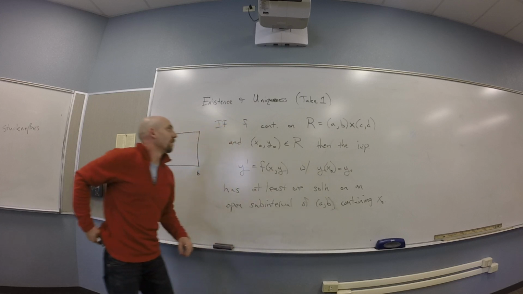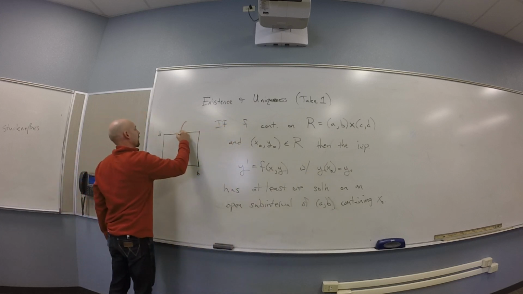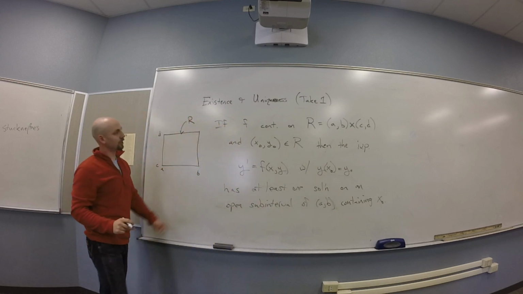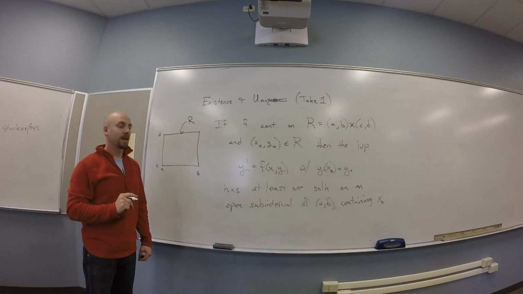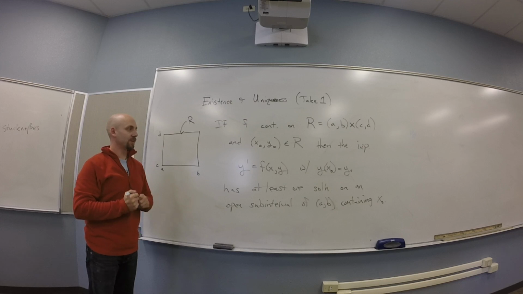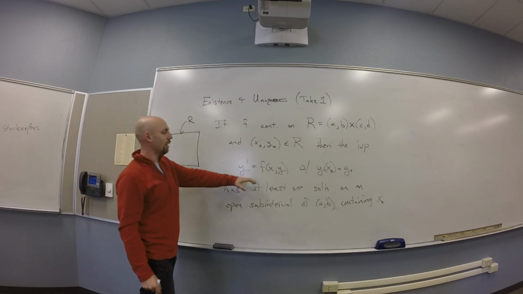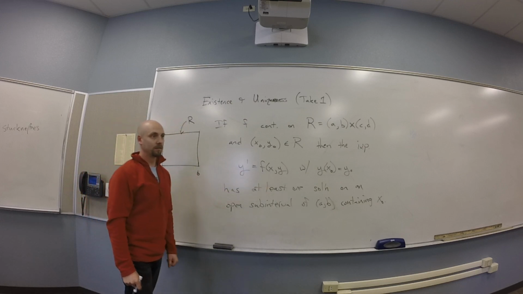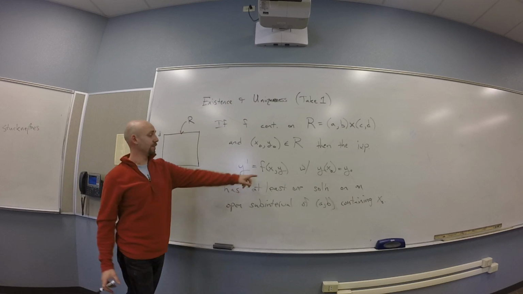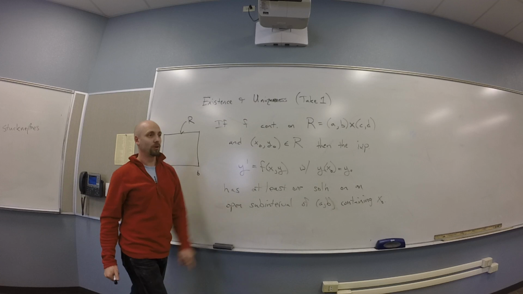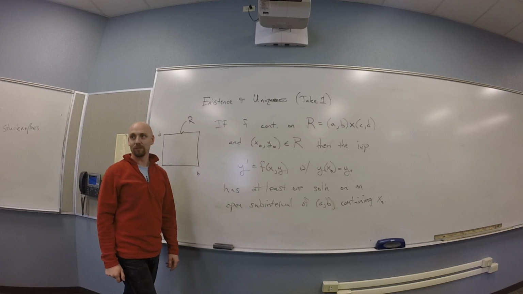Okay. So I've got a rectangle R, that's this. My function f is continuous in there. And I'm only doing the very specific form of a differential equation that's y prime is f of x and y. So please note this f is not the f from non-homogeneous differential equations necessarily.